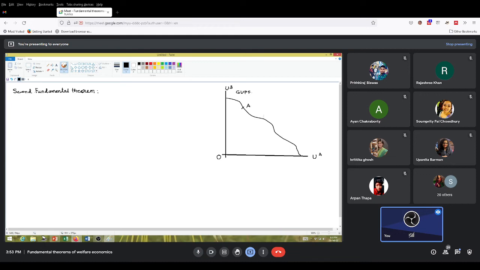But it can be a point like A, it can be a point like B, like C, like D. Now, if you look at A and D, these are cases which are heavily tilted in favor of one of the agents. If you end up in A, then B is going to enjoy a lot of utility while the welfare level of A is very low. In case of D, it is the opposite.